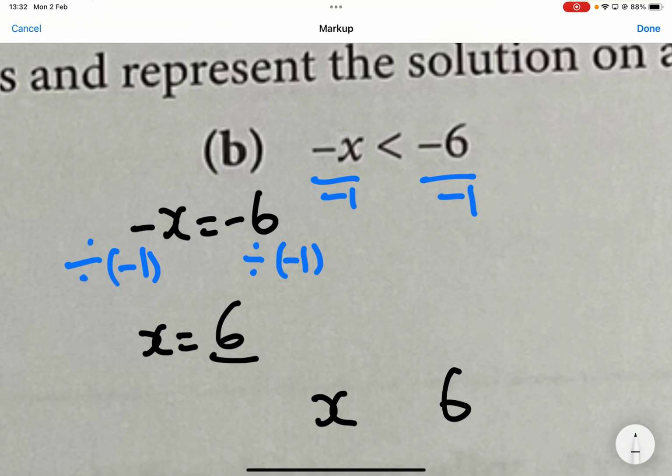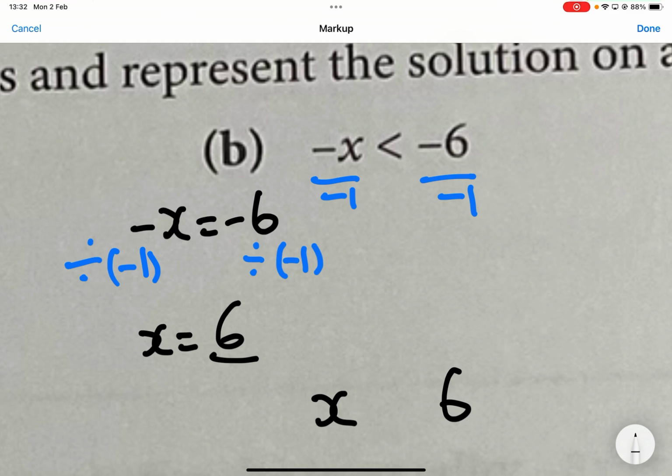So this is also similar to solving an equation. But the only difference is, this time round, it started with negative x smaller than negative 6. But just now, when we look at multiplying or dividing by a negative number, the sign will change side.